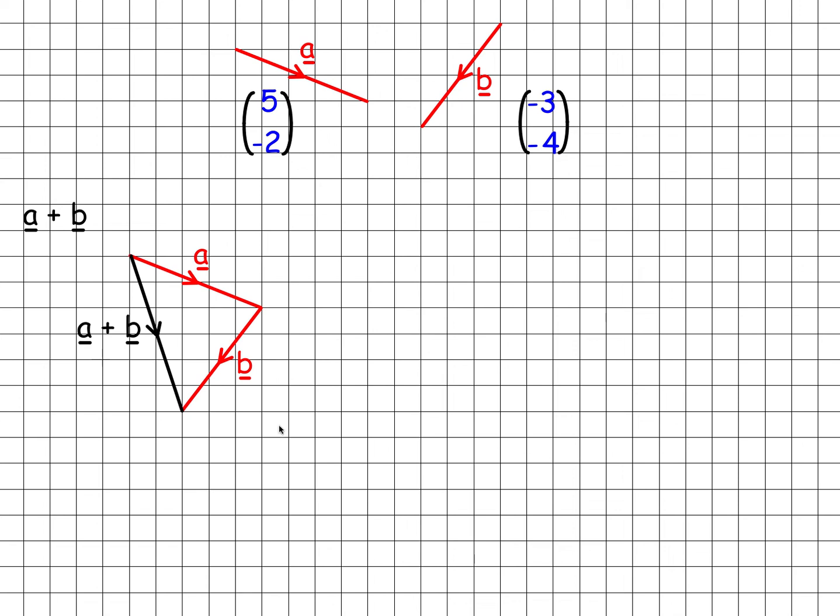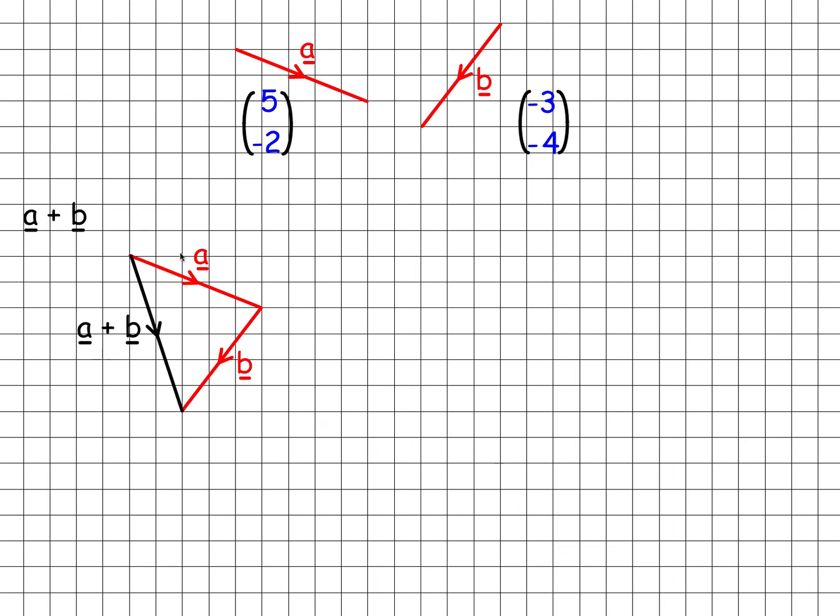Start to finish. Now, what should have happened is, we've gone for A, 5 to the right, and then B's taken us 3 to the left. So for the resultant, having gone 5 to the right, you then go back 3 to the left. You only go 2 to the right overall. And that's what's happened with the black vector here, the resultant.